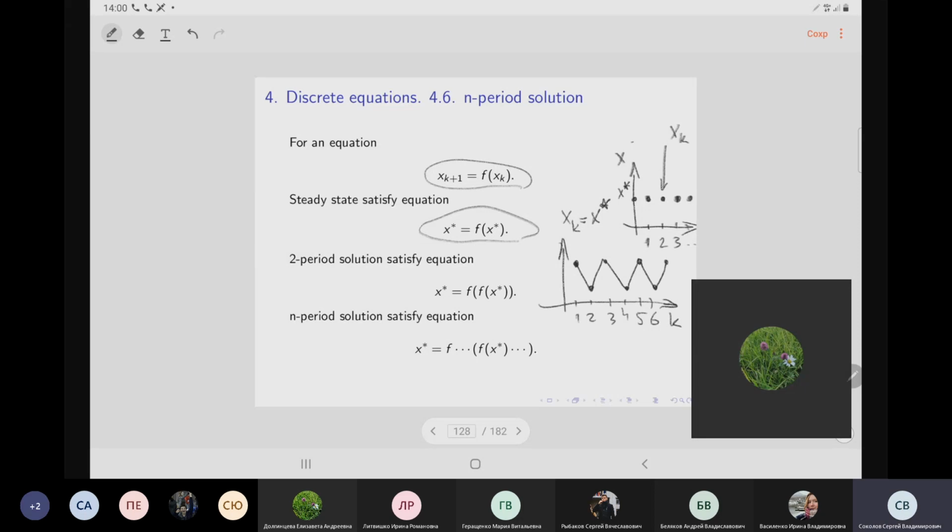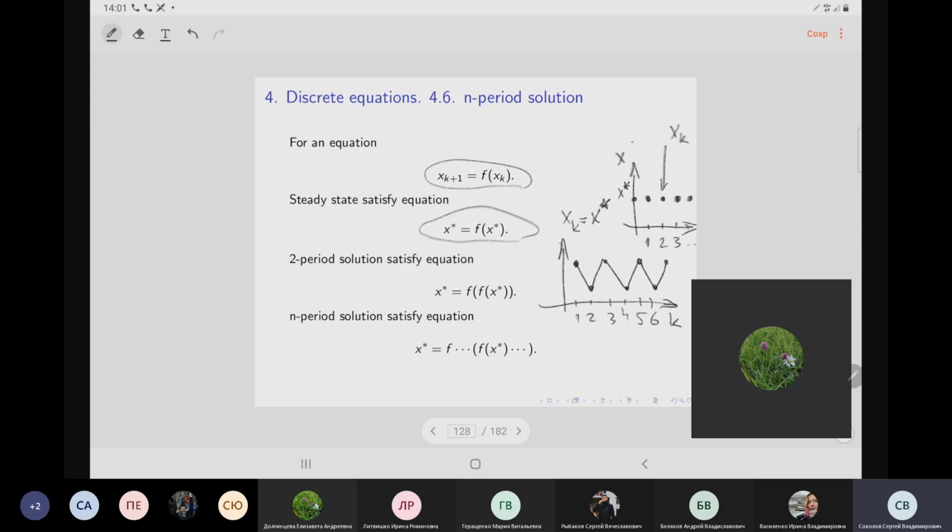So this motion also can be stable or unstable, and we still can analyze it. Sometimes the solutions that are close to our two-period solution can be stable, and sometimes they can be unstable.